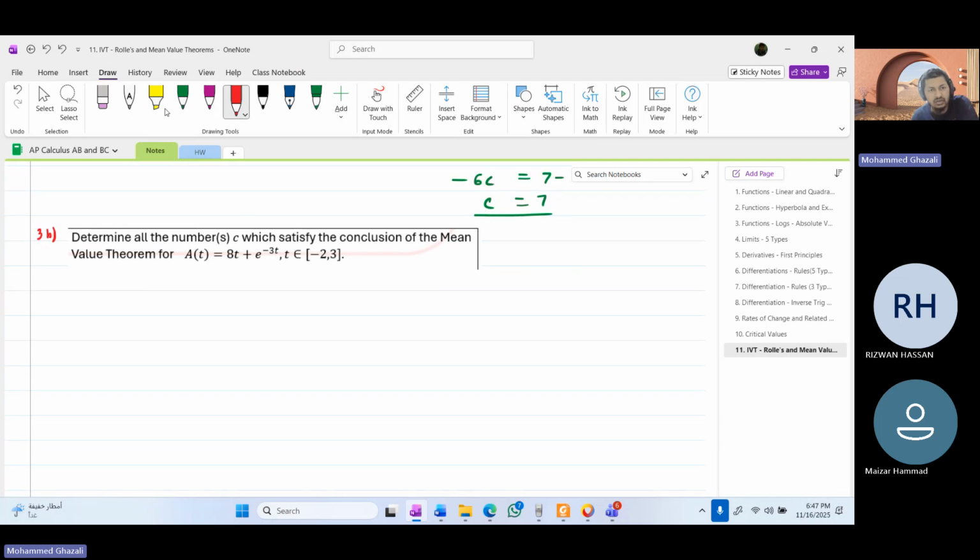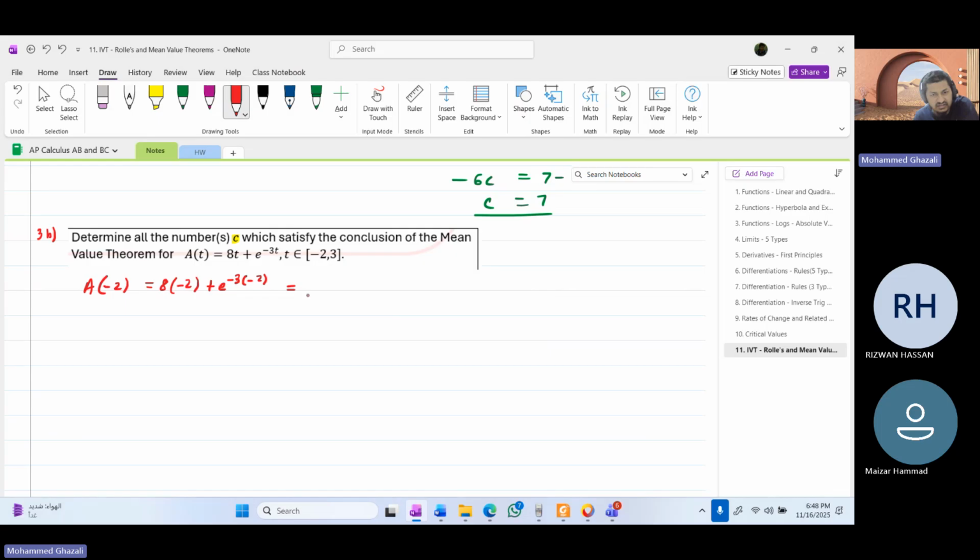So what we need to do here, we want to find the value of C, all right? First we're going to substitute -2 inside this interval, then 3 inside this interval, to get the average gradient. So what is A of -2? A of -2 is 8 times -2 plus e to the power -3 times -2.